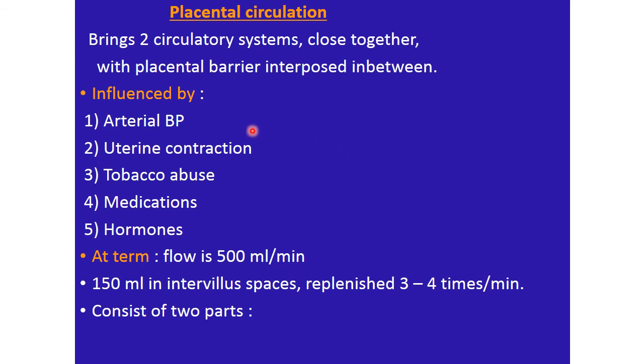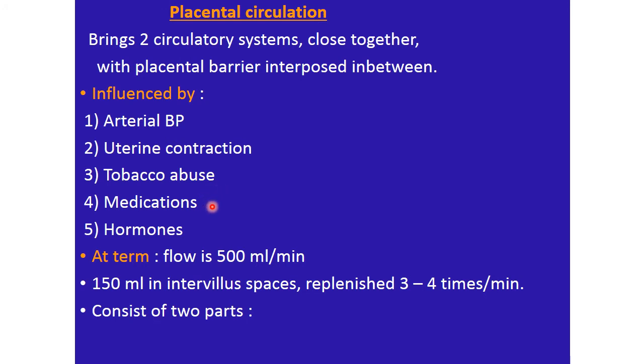So the placental circulation is influenced by many maternal factors, especially the arterial blood pressure of the mother and the uterine contraction. Higher blood pressure, which is called hypertension, causes decreased blood flow, uterine contraction causes increased blood flow, while tobacco abuse also causes decreased blood flow.